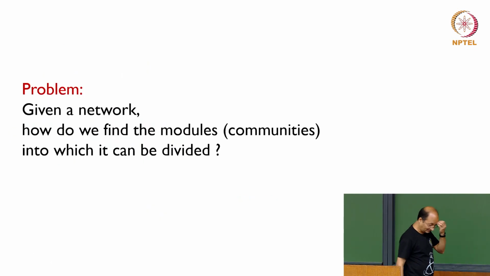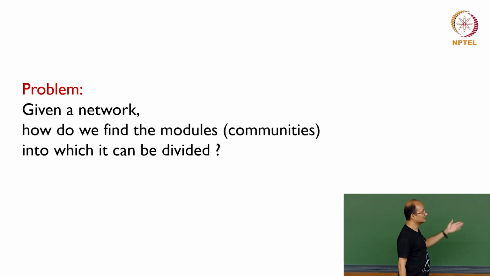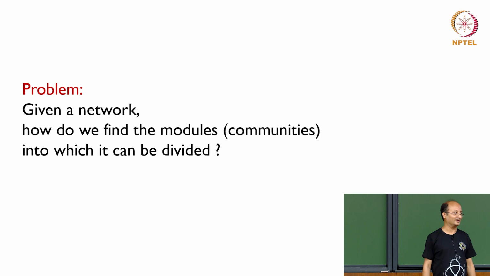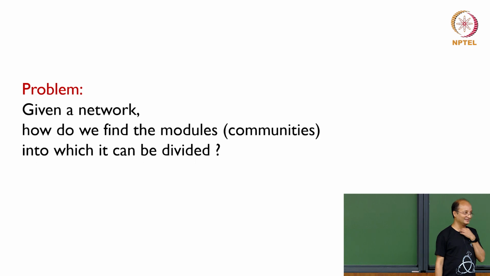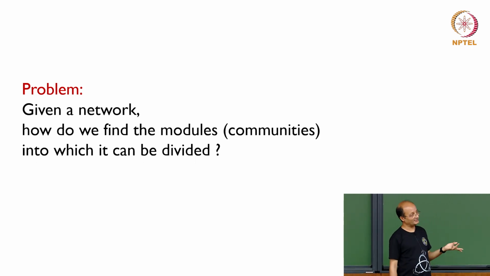But even before we get into that, the question is, you've got a network. Now, how do you find the modules into which it can be divided? I said 25 modules and you just nodded your head. You just took my word for it, right? You could have simply said, how do you know there are 25 modules? And if truth be told, I cannot cross my heart and swear to die, because depending on what technique I use, it will actually be different.